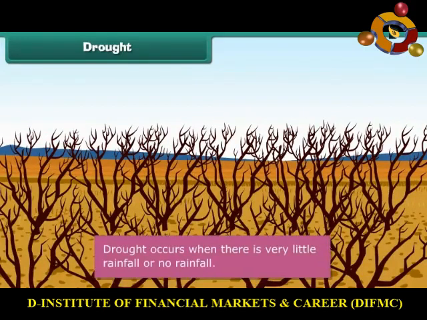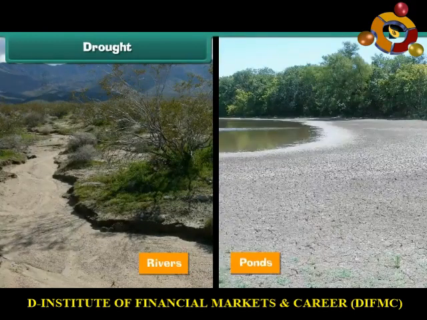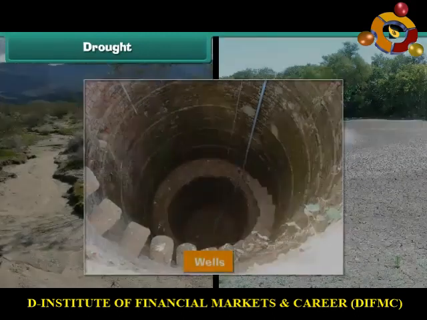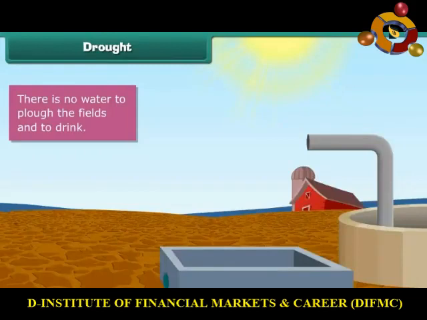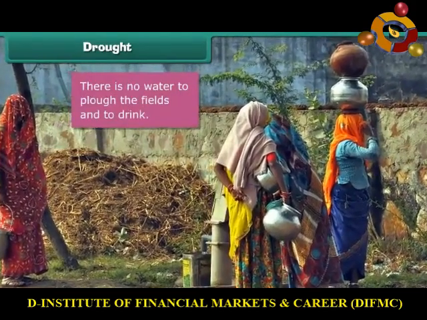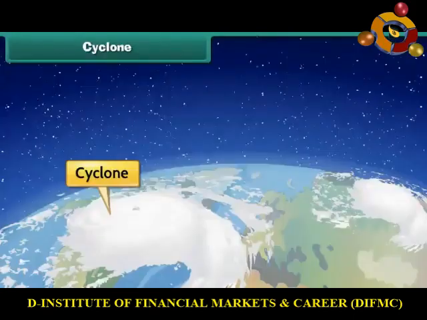So we can say that drought occurs when there is very little rainfall or no rainfall at all. During droughts, the rivers, ponds, wells, and other water resources dry. There is no water to plow the fields, and even drinking water is hardly available. There is a shortage of food grains and water.